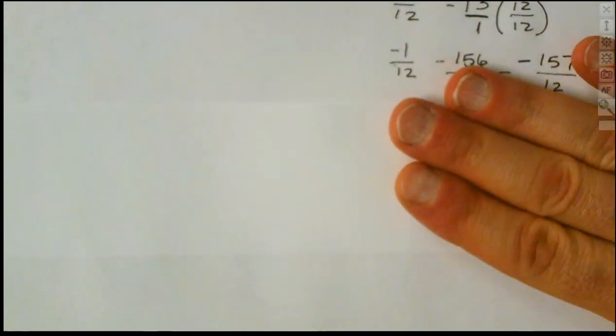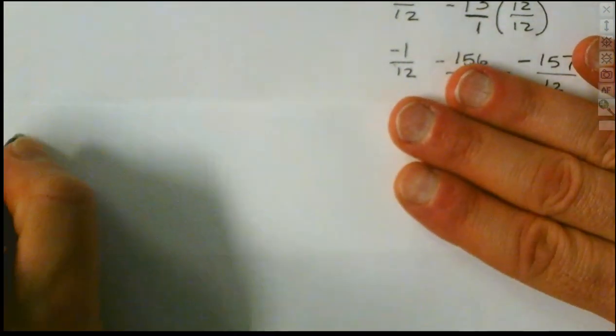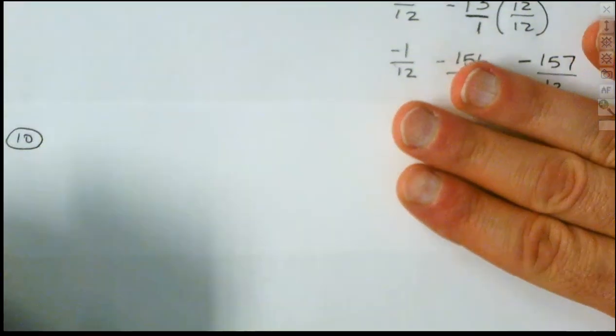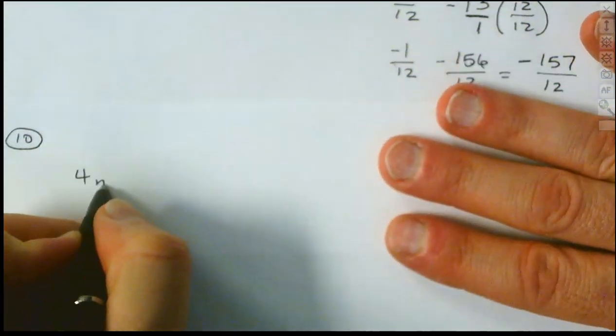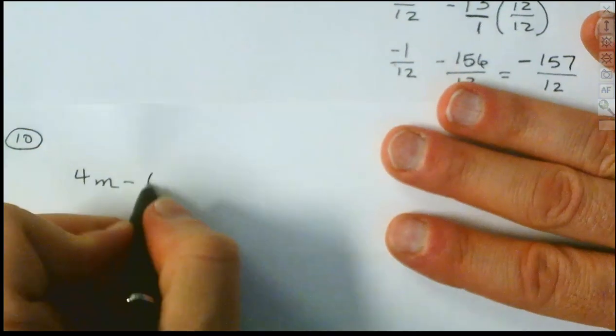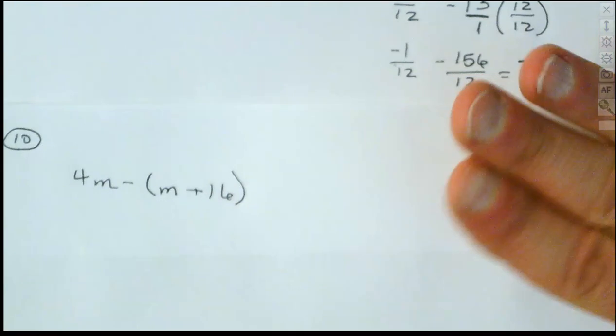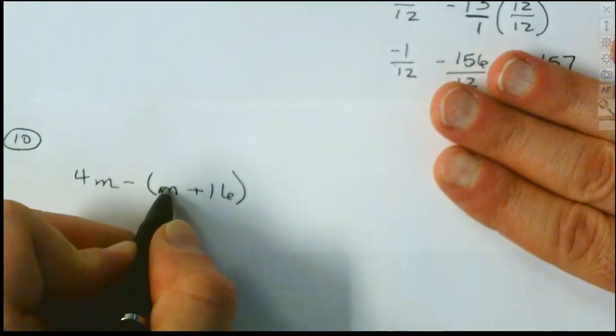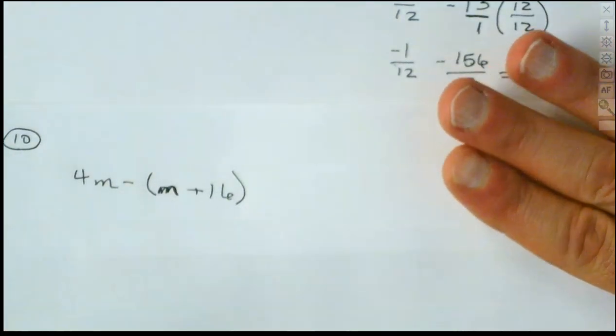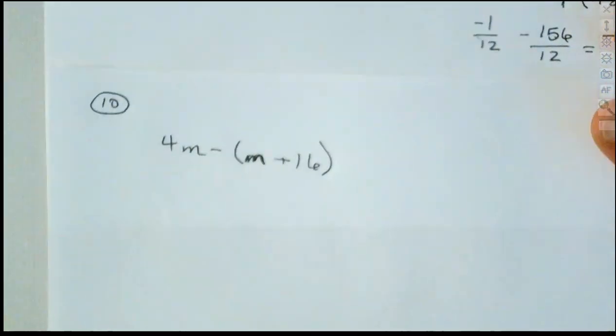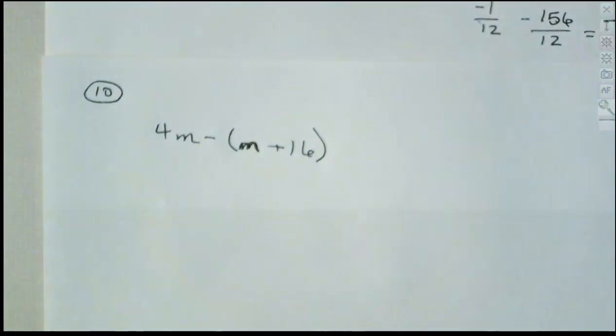So question number 10. We want to go ahead and write this in words. So we're not going to break it down. We're going to write this in terms of words. Okay.